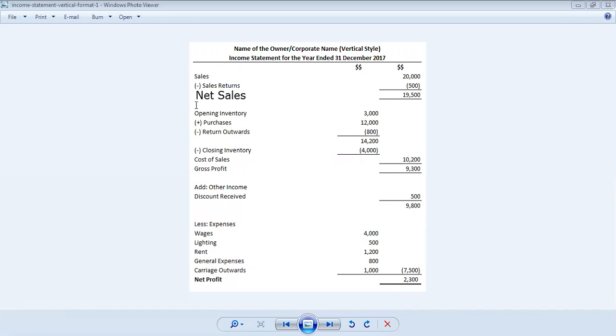So you would have less cost of goods sold right here, and you can put a colon here. Then under this section you would have opening inventory, otherwise called opening stock. You would add purchases, and you would less return outwards.